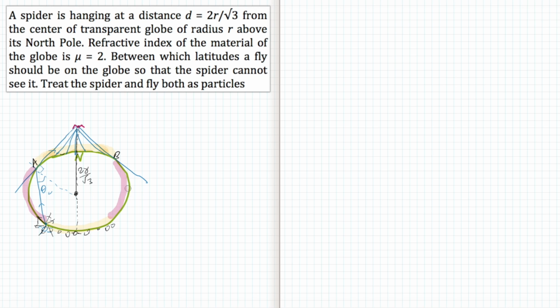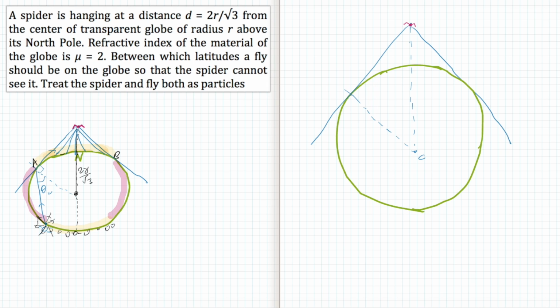These are the positions for which, if the fly is sitting here, the spider cannot see it. So this is our diagram on one side of the hemisphere. The light from the insect is going at critical angle θc, it is refracting, and then it is reaching the spider. So this is the condition, the limiting case.